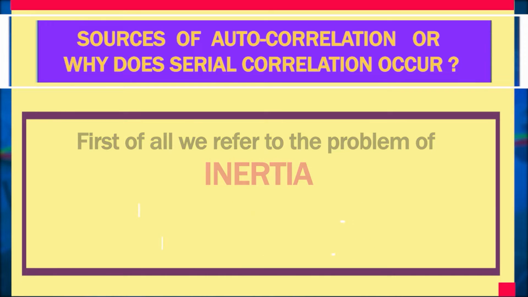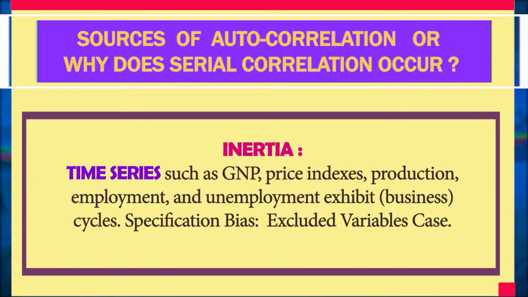So we observe that any kind of time series which is based on yearly or annual data, for example, gross national product, or any kind of price index required for calculating inflation, or employment or unemployment, wherever they are affected by the business cycles, then they exhibit this type of inertia and the error terms are related or they follow a pattern.